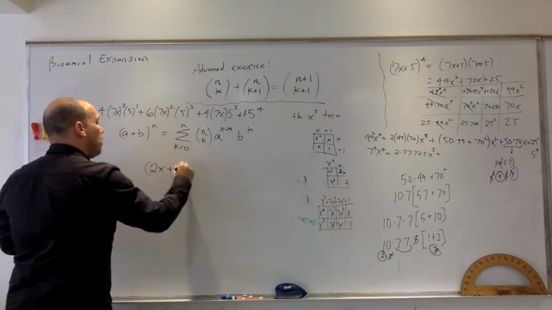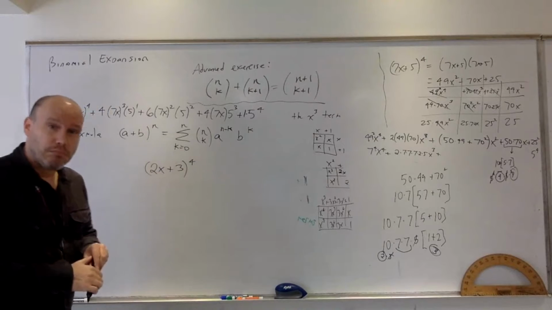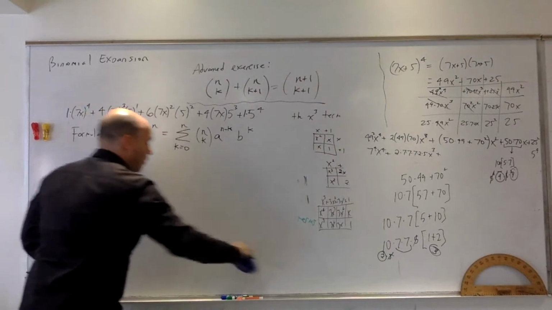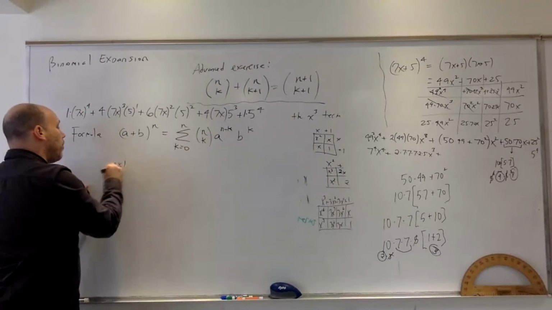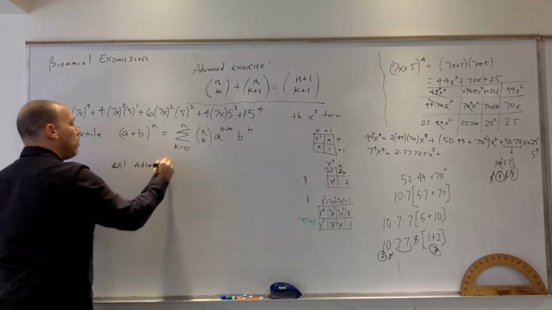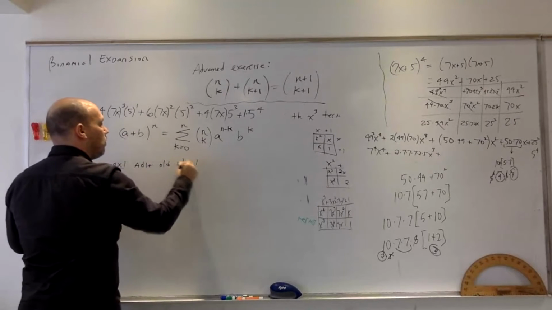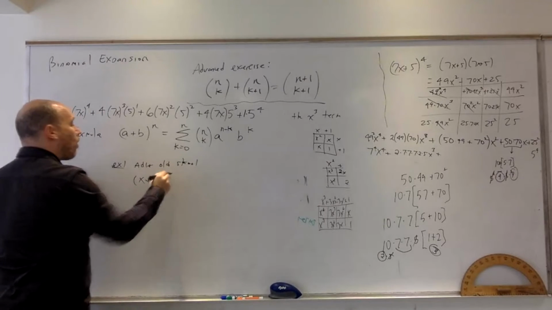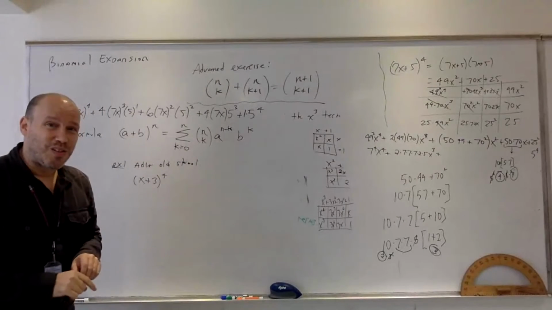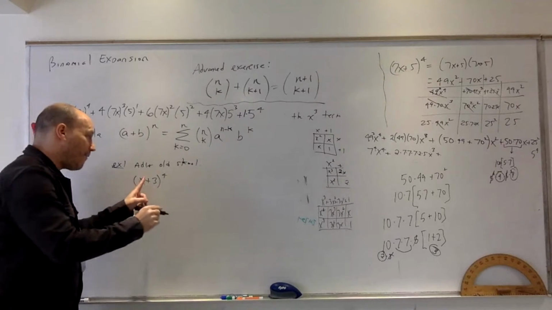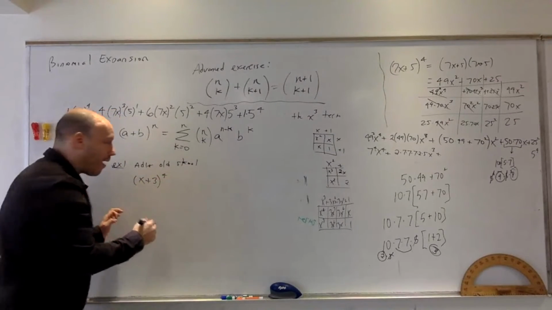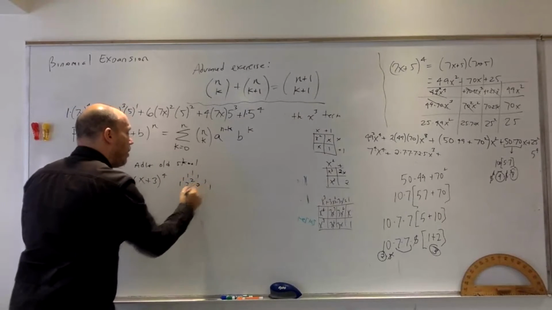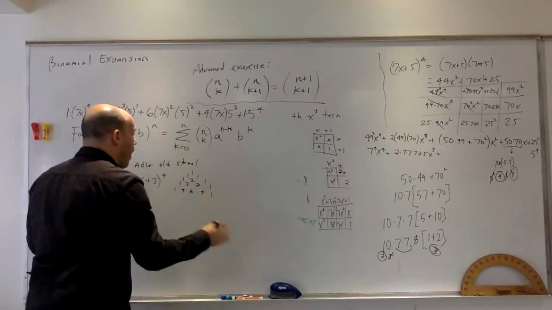2x plus 3 to the 4th power. Well, let's start with something simpler. Example 1, old school Adler: x plus 3 to the 4th power. What I would tell the kids to do is, first of all, draw Pascal's triangle. 1, 1, 1, 1, 2, 1, 1, 3, 3, 1, 1, 4, 6, 4, 1.